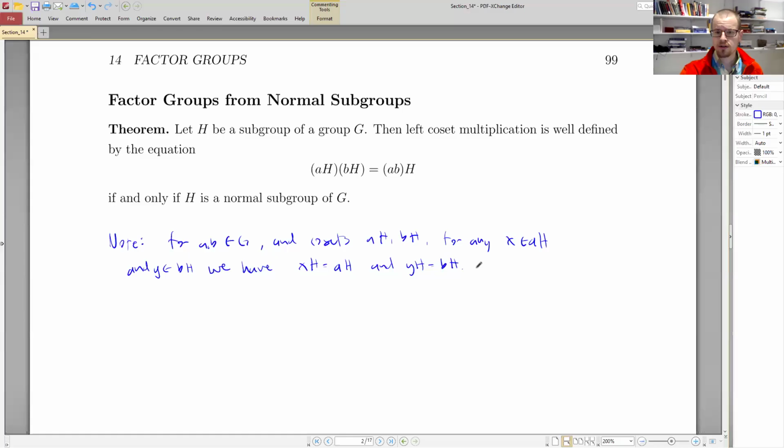And to say that coset multiplication is well defined, what do we mean by that, right? What does it mean for coset multiplication to be well defined?